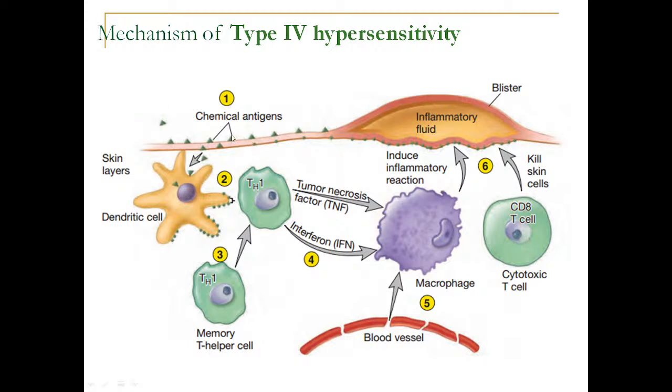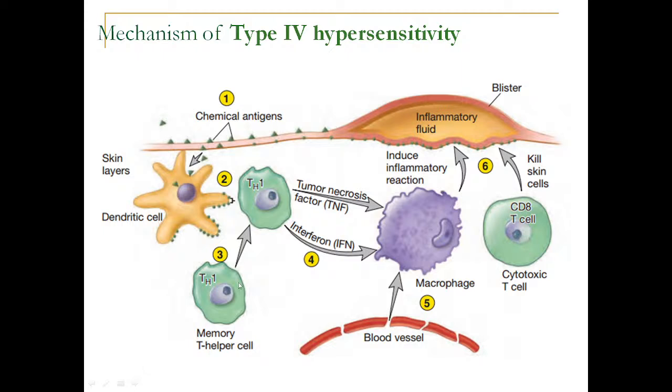So, allergen enters the human organism, human bloodstream, where there is immune response and activation of dendritic cells or macrophages and sensitization of memory T helper cells, TH cells or T delayed type hypersensitivity. They circulate in the bloodstream.